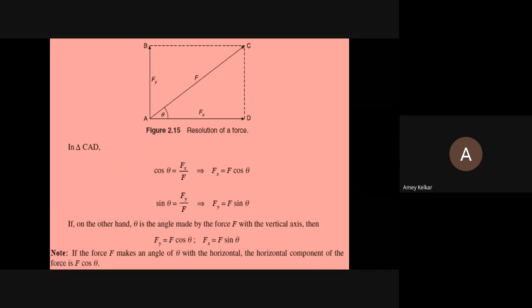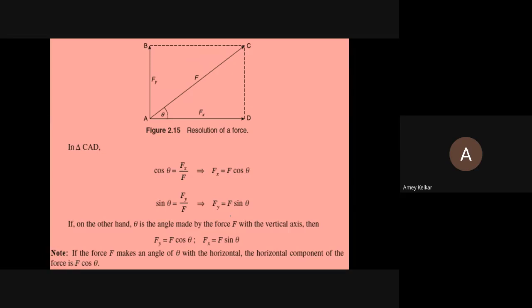If the angle is with the vertical, the component will be cos. You have to remember this up to module 3. This is required up to module 3. So digest this part perfectly so that things will be easy, and hopefully till then we'll see each other in the college also. Okay, so this is what resolution of forces is.